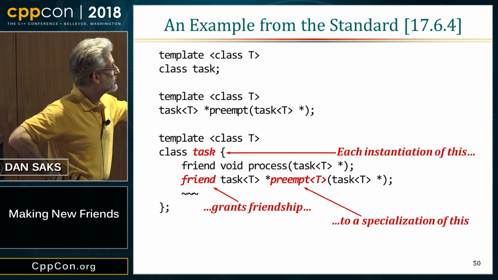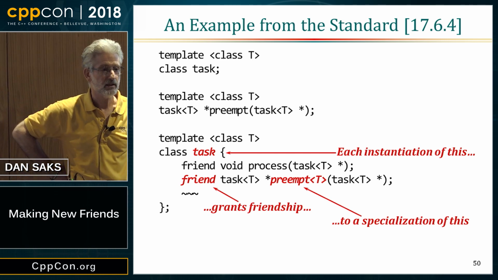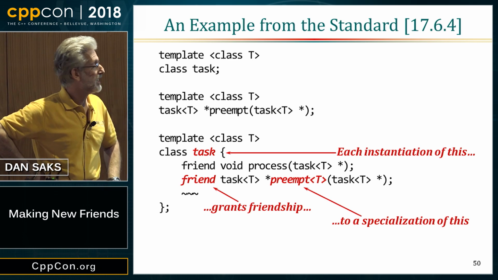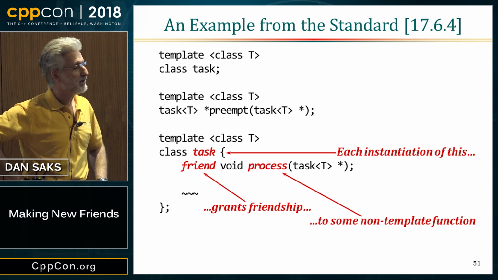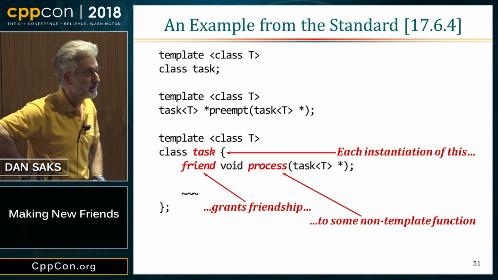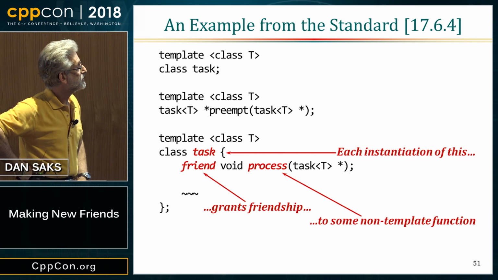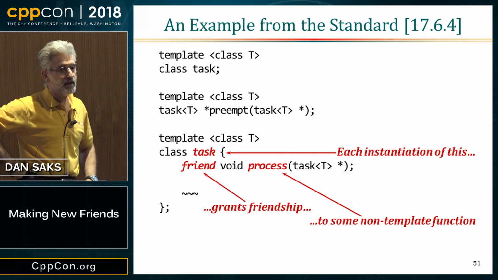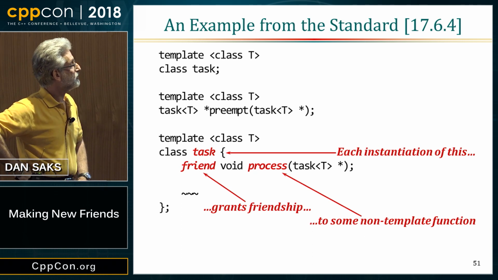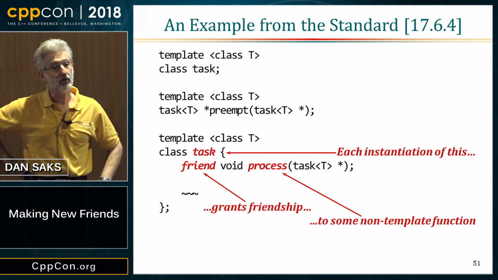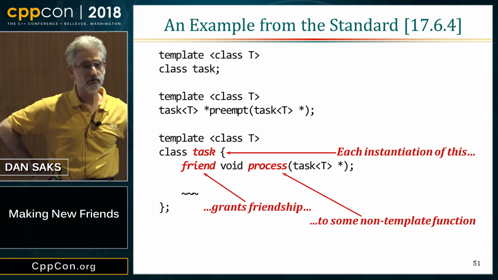It comes to that conclusion because of the presence of the angle bracketed T after the name preempt. But process doesn't have the angle bracketed T. And so each time you instantiate task with a different argument type, it grants friendship to a function called process, which happens to take a pointer to a task of the right type.